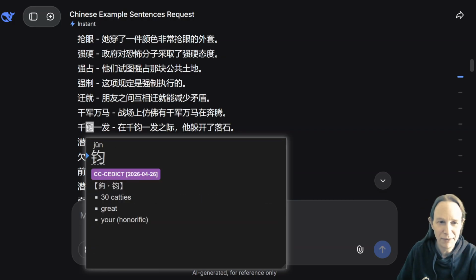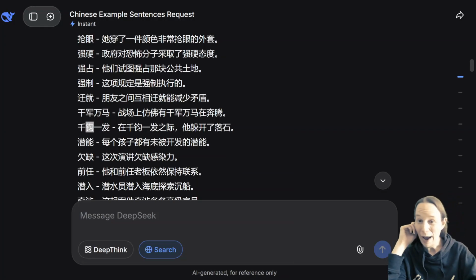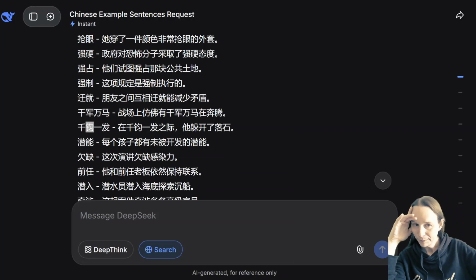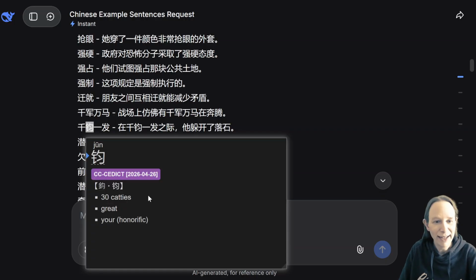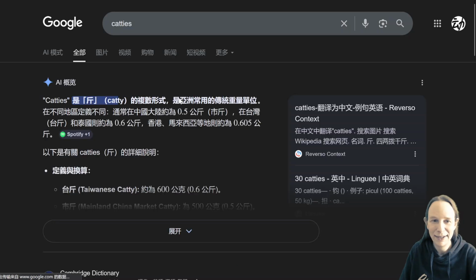It's a unit of measurement. Yeah, it really doesn't matter. It's not used anymore. So it measures weight. So you've got a huge amount of weight. Oh, catty. Maybe it's like coins or something like this. Did I look it up? No, it is weight.